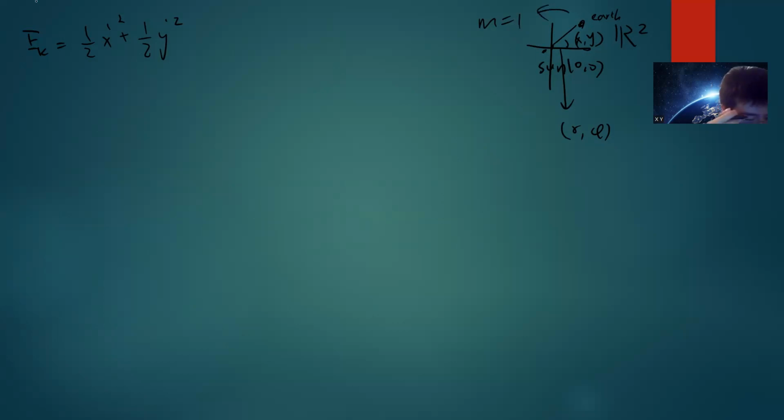The first thing you need to do is change the energy from Cartesian form to polar coordinates. So this is the result. I'm not going to derive this, but it is very simple calculus. You just write down x equals r cosine phi, and y equals r sine phi, and take the derivatives.